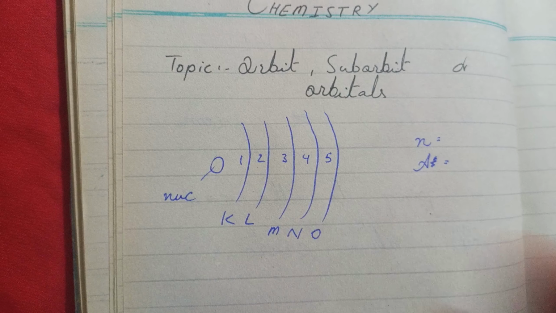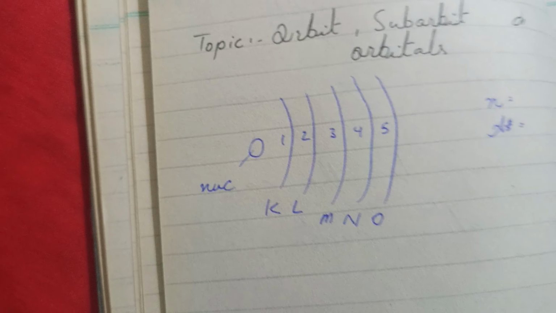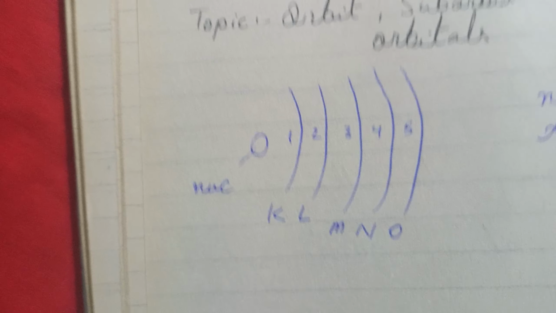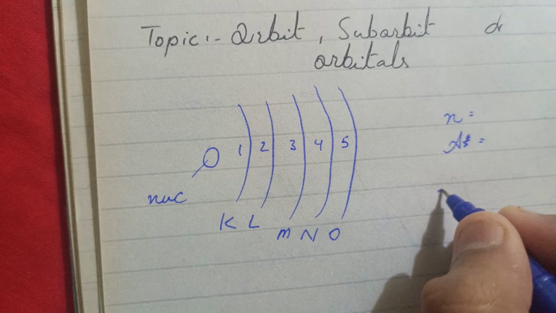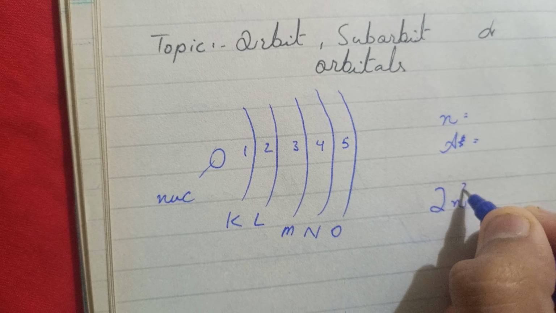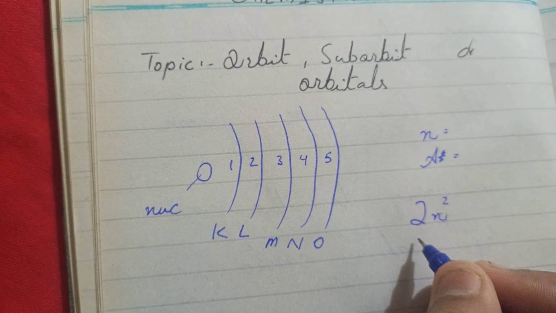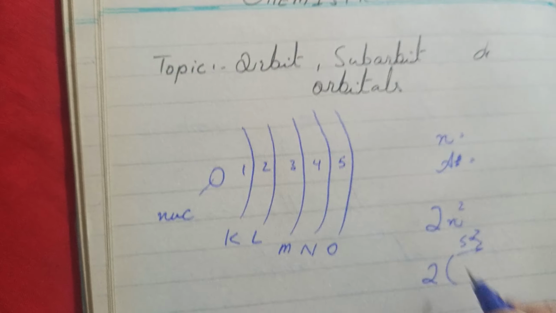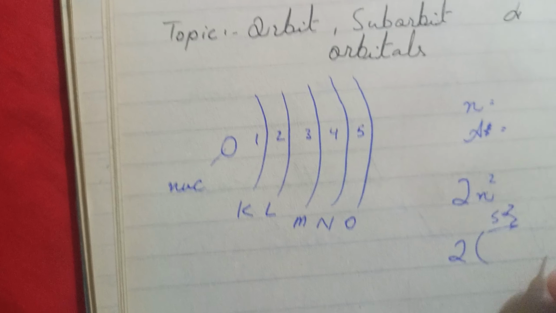If you want to find how many electrons an orbit is carrying, obviously every orbit carries different electrons, so you write 2n squared.